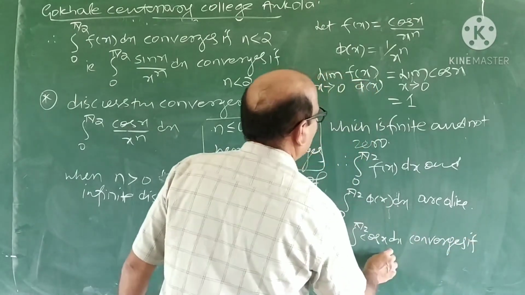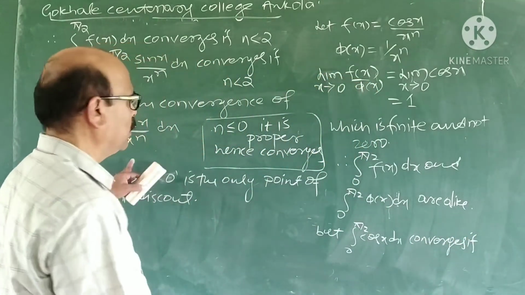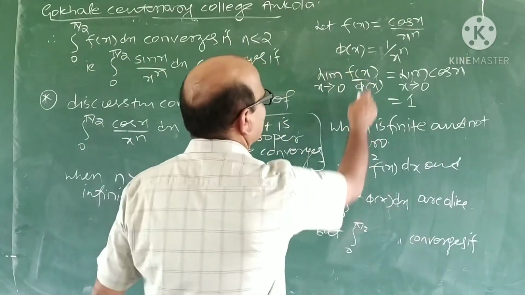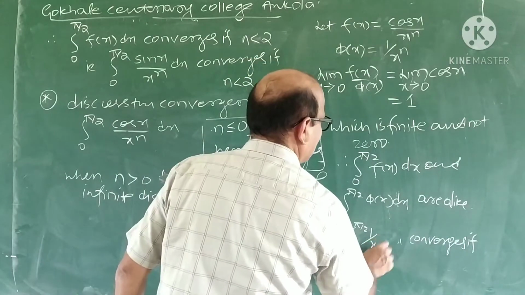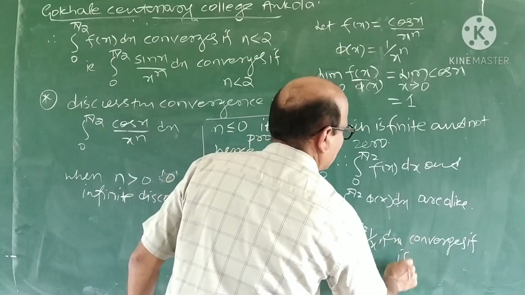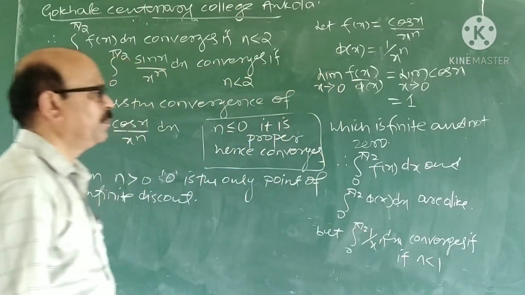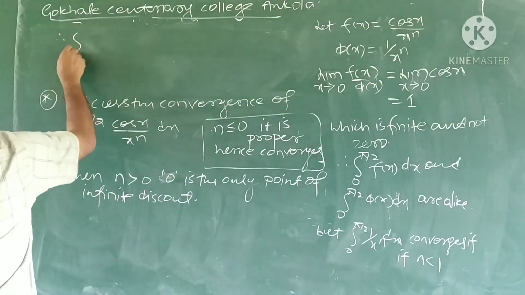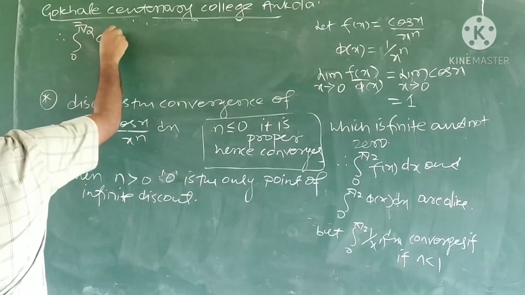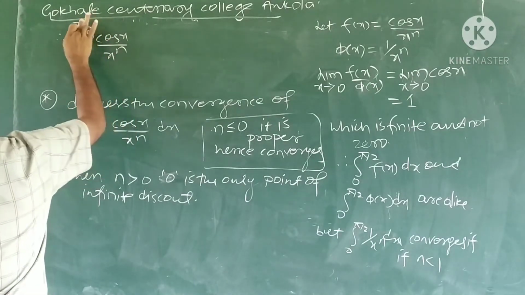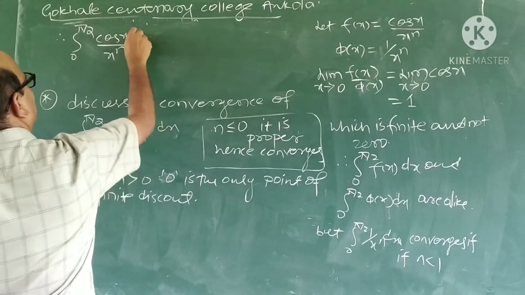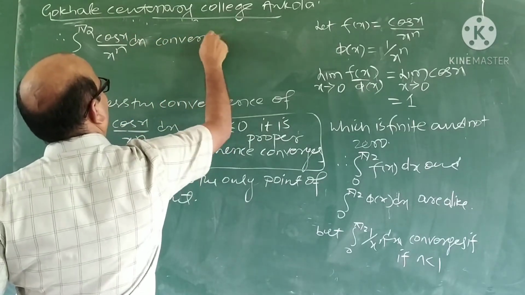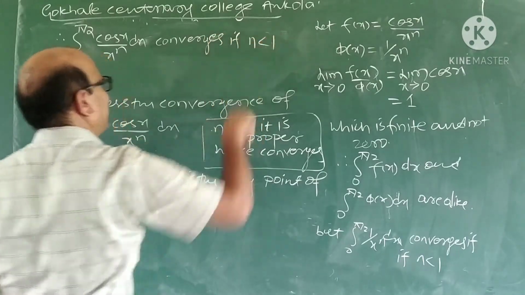The integral from 0 to pi by 2 of cos x by x raised to n converges if the integral from 0 to pi by 2 of phi(x) converges. What is phi(x)? Phi(x) is 1 upon x raised to n, and the integral of it converges if n is less than 1. Therefore, the given integral from 0 to pi by 2 of f(x), that is cos x by x raised to n, converges if n is less than 1.